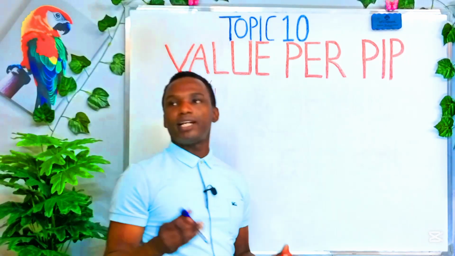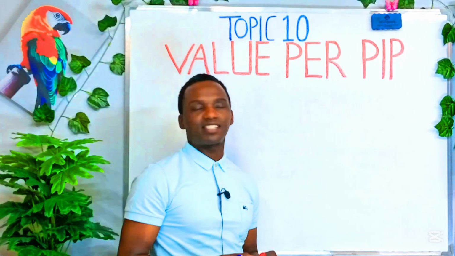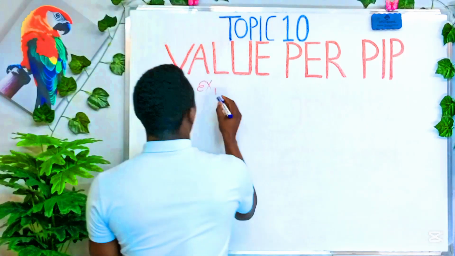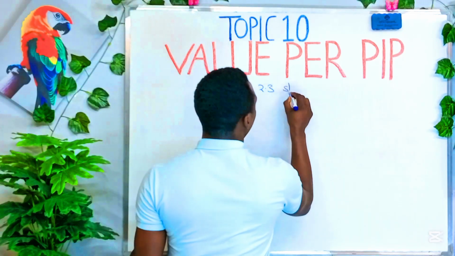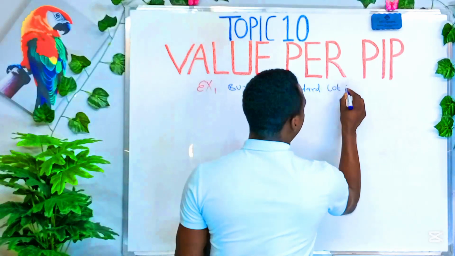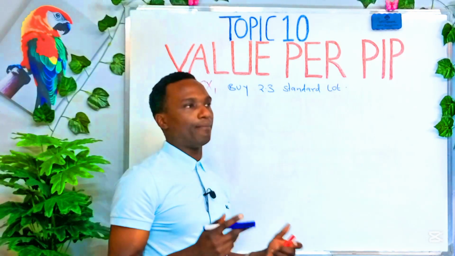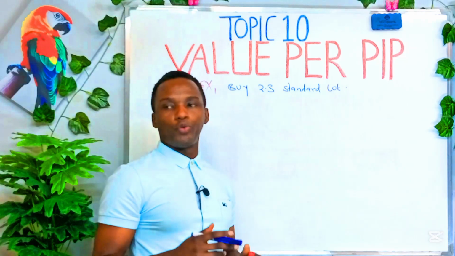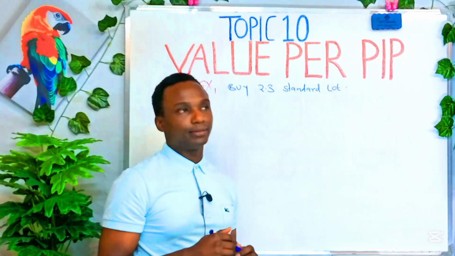Let's say you trade EUR/USD and you buy 2.3 standard lots. The question is, how much is the value per pip? What do we know? We know that one mini lot equals $1 per pip.